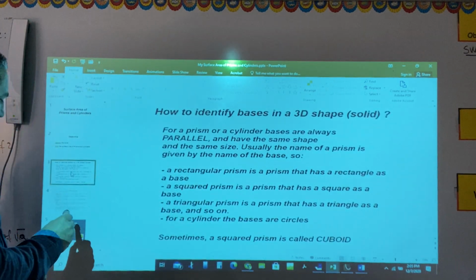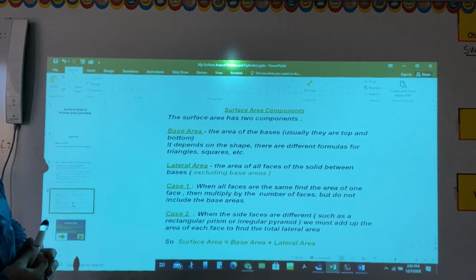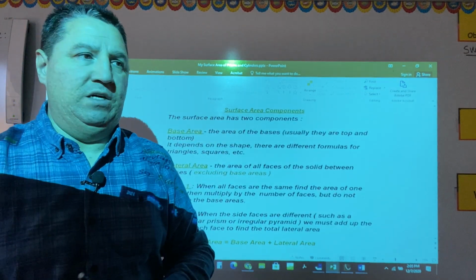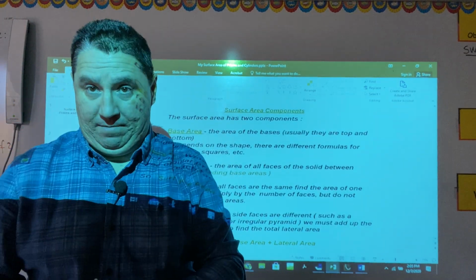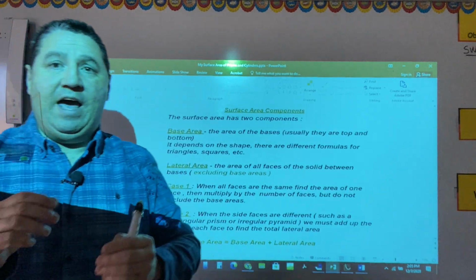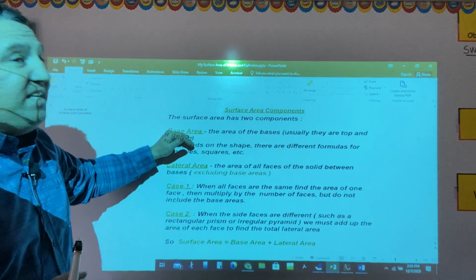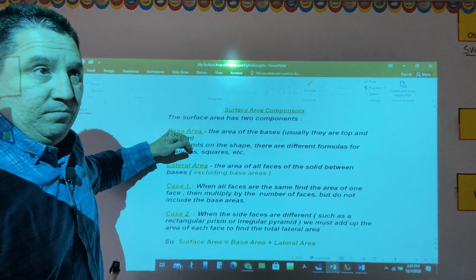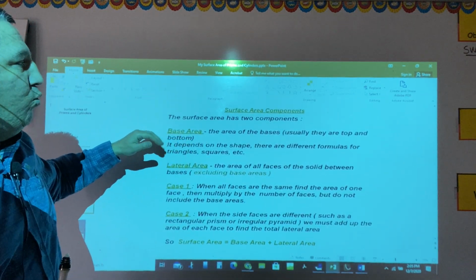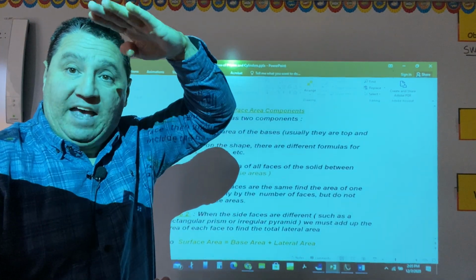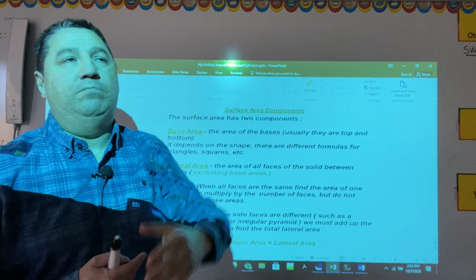Now, let's have a few words about surface area. Surface area has two main components. Base area, which is the area of the bases, the ends, or the top and the bottom.